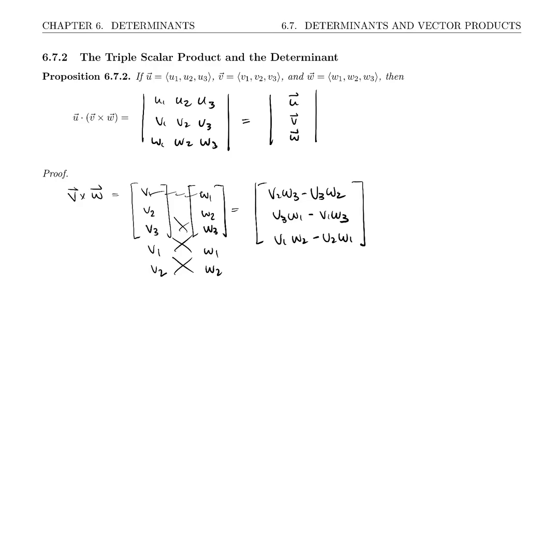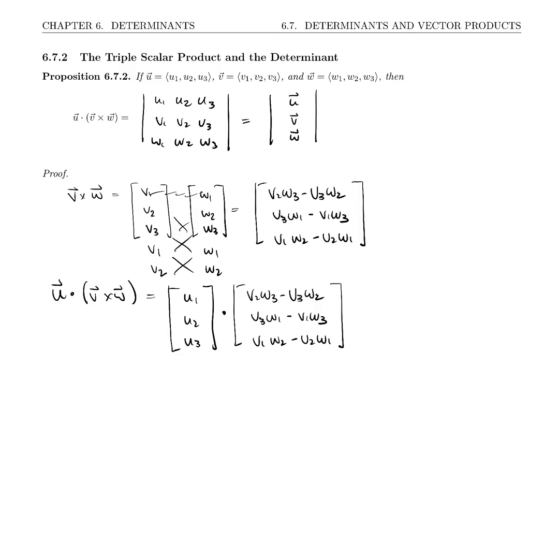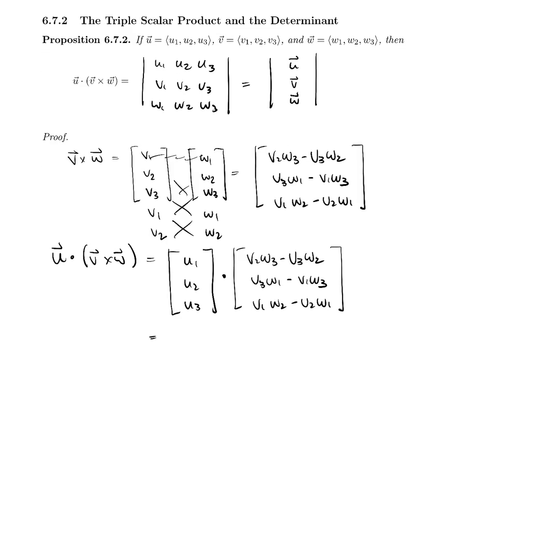The next step would be the dot product. So u dotted with v cross w would be vector u, which is u1, u2, u3, dotted with this vector here, which would give us u1 times v2 w3 minus v3 w2, plus u2 times the second component, v3 w1 minus v1 w3, plus u3 times the last component, v1 w2 minus v2 w1.